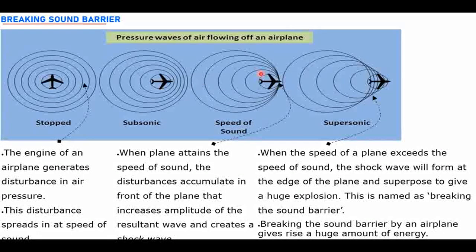But if the airplane is moving with the speed of sound, these wavefronts in front of the airplane meet each other. These lines meet each other, and right here they start adding, because every wavefront corresponds to a crest.